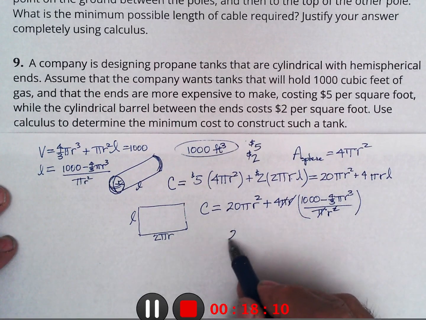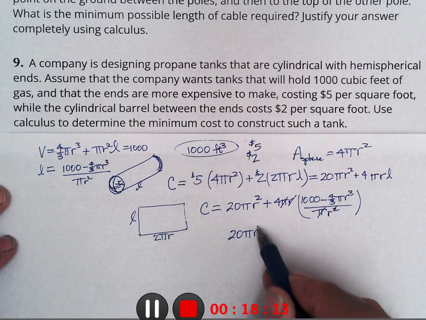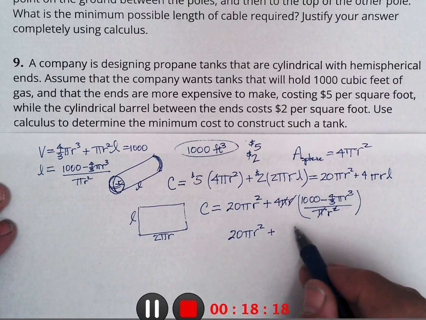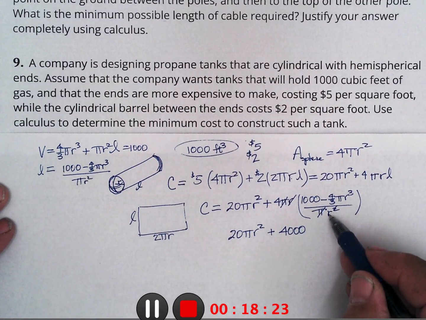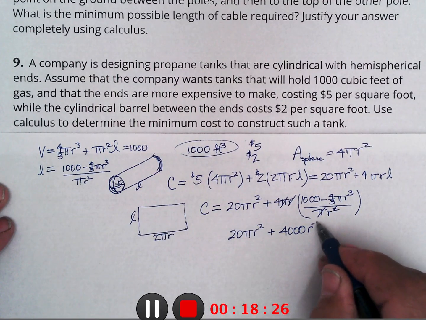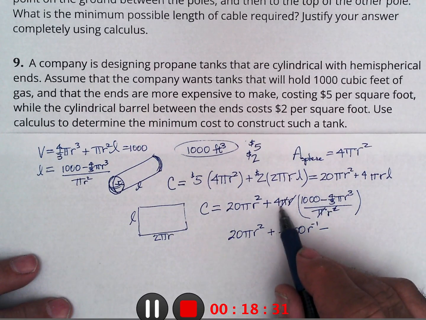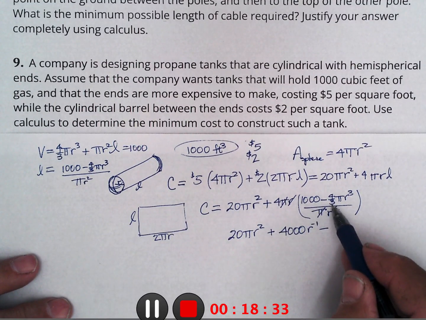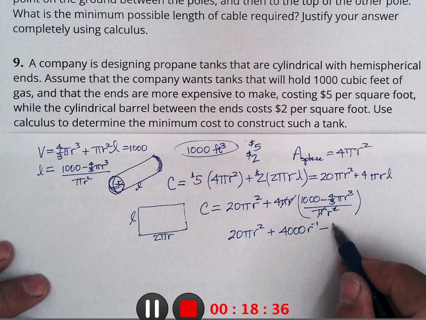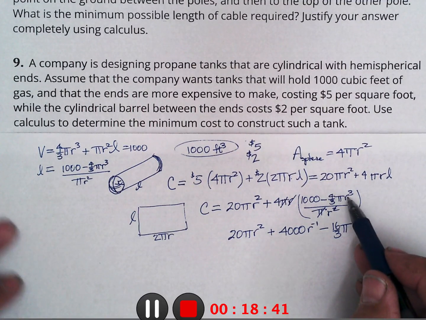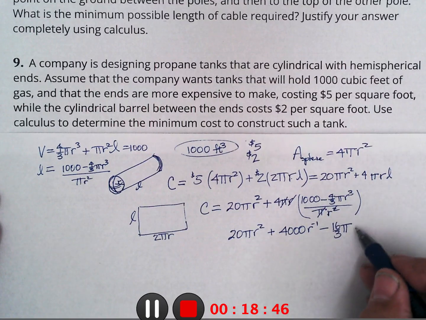20 pi r squared plus 4 times 1,000, 4,000 divided by an r, so that would be r to the minus 1, minus 4 times 4/3 is 16/3 pi, and this is r cubed divided by r would be r squared.